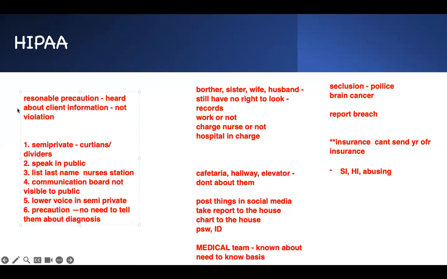Like if you show up in the emergency room and all the people there have a cold, the nurse can tell you, hey, you need to wear a mask so that you don't get infected. But you don't tell that so-and-so has pneumonia. So you don't disclose that information to them. So that's some of the things you are allowed to do in terms of HIPAA that cannot violate it. Those are the non-violators basically. So that's that information.